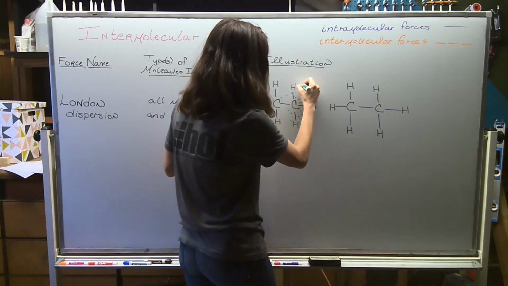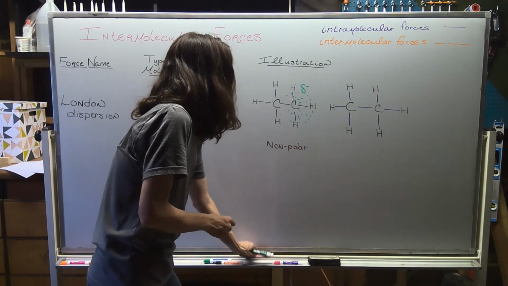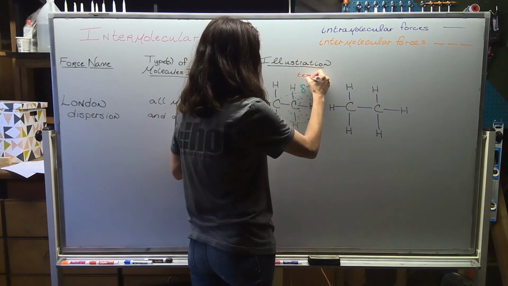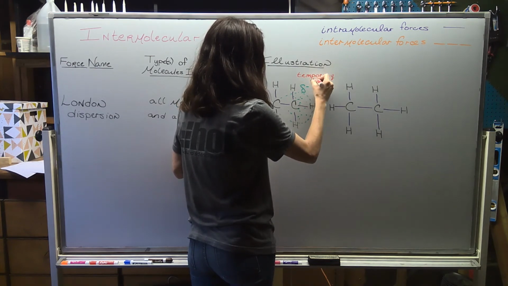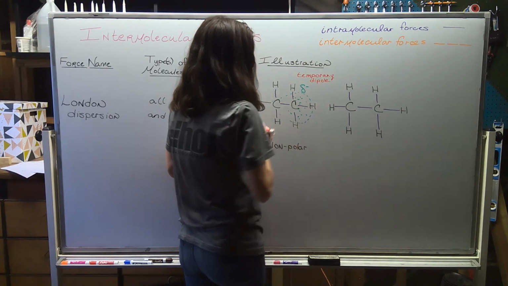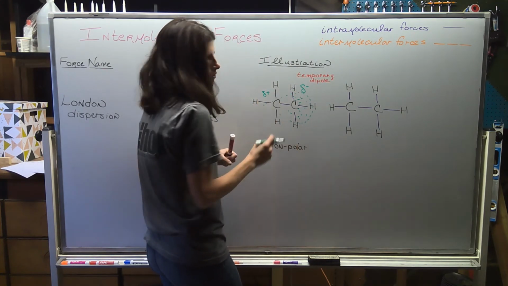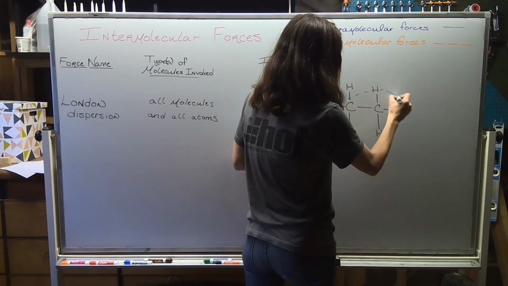So here I'm going to use our same notation, but I really, really want to emphasize that this is a temporary dipole. And then this side would be a little bit positive for a brief second in time.